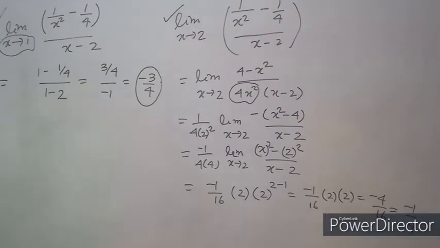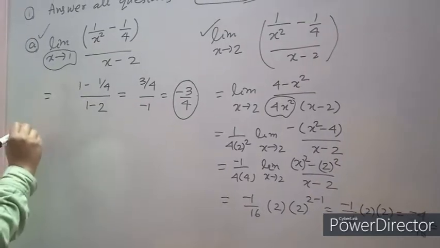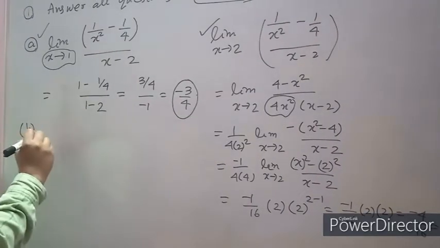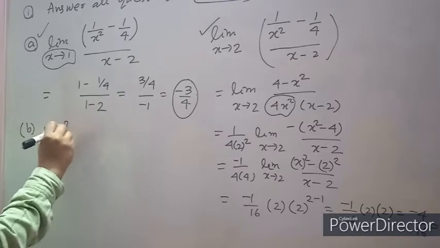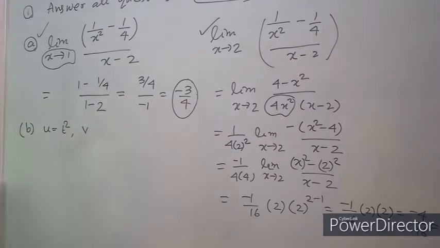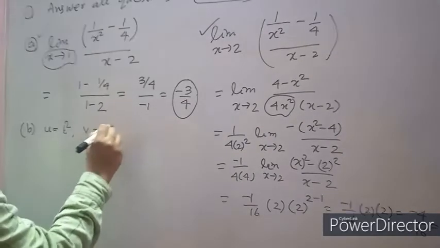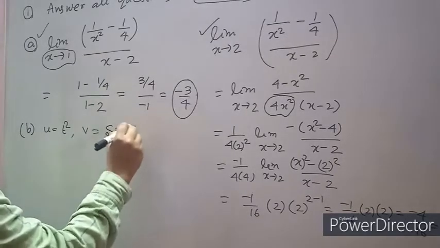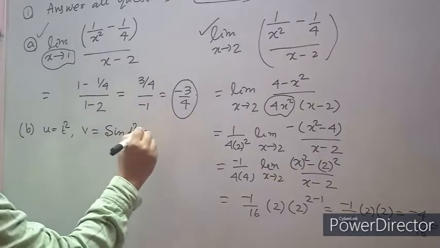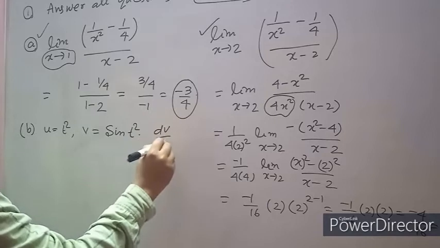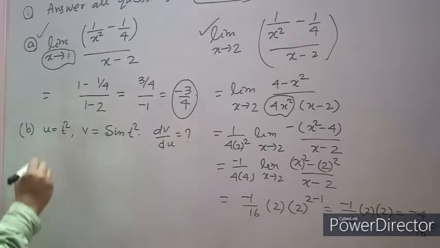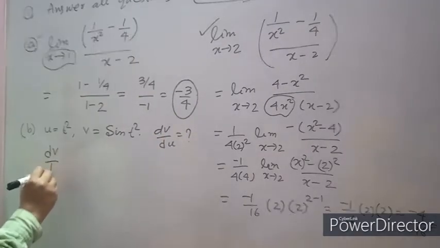Now come to question number 2. u equal to t square and v equal to sin t square, and you have to find dv by du. Right? So what will be dv by du?